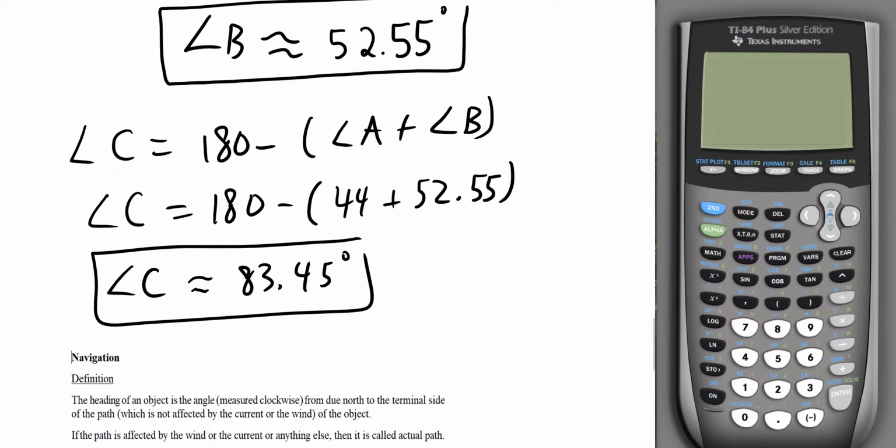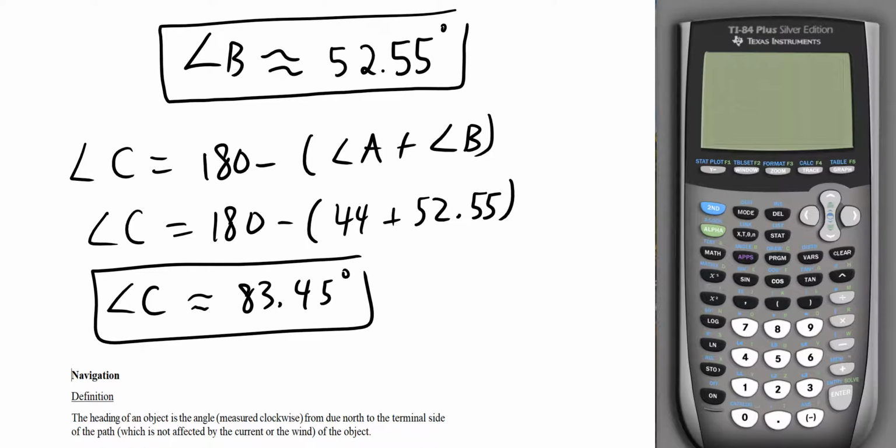The first definition is the heading of an object: the angle measured clockwise from due north to the terminal side of the path, which is not affected by the current or wind or anything else. So that's called the heading. When I draw the graph, you're going to see what that means in a minute.